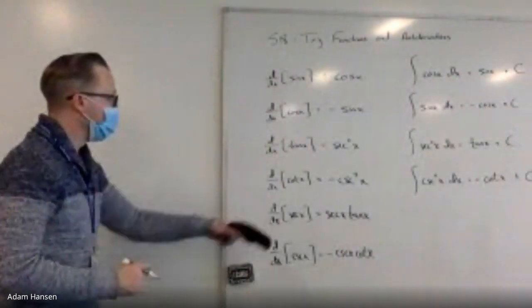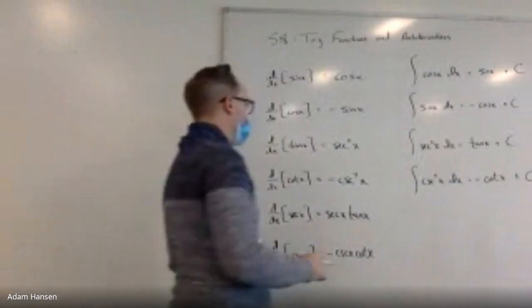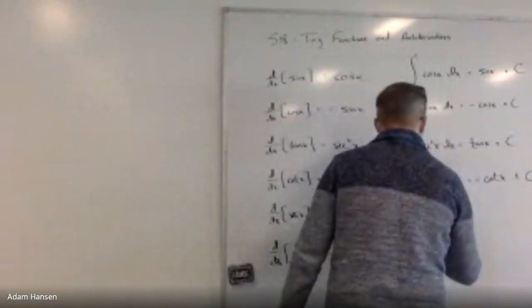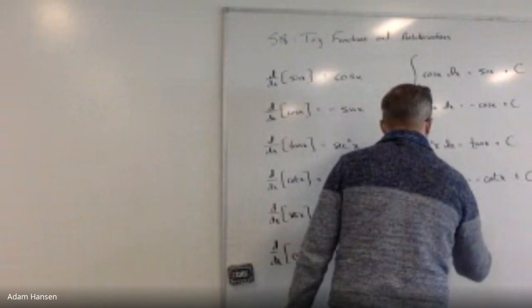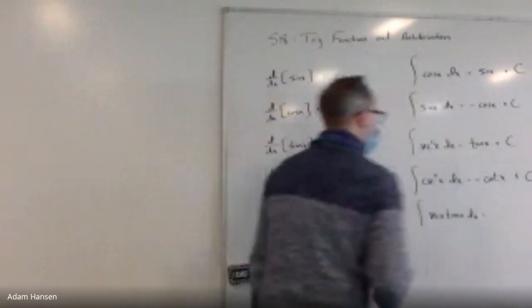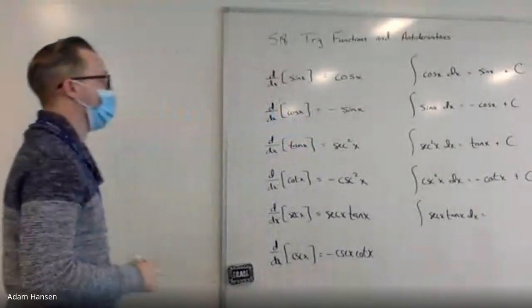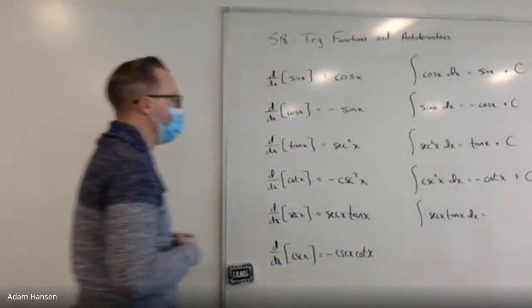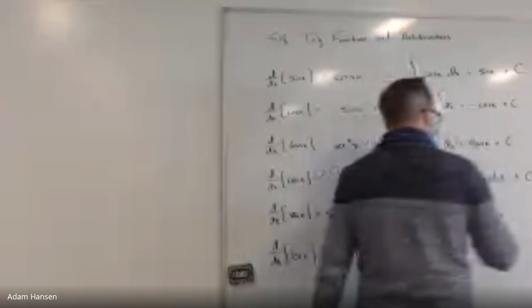The derivative of secant is secant x tangent x. So if I just reverse it and take the antiderivative of secant x tangent x dx, it should be secant x plus c. What function has the derivative of secant tangent? That should be secant x plus any constant c.